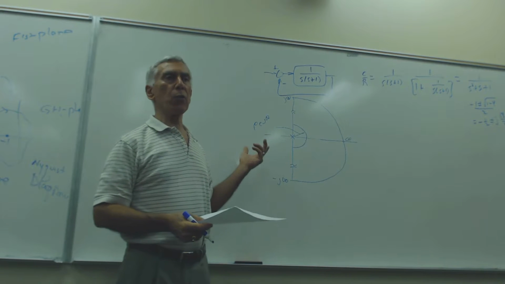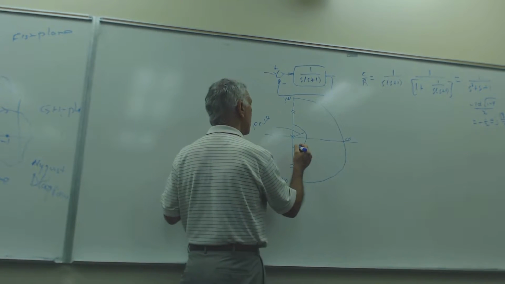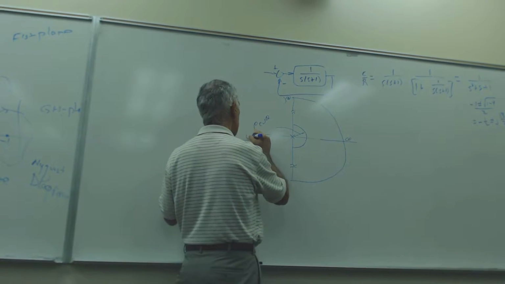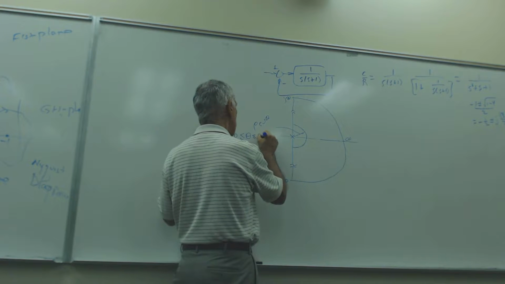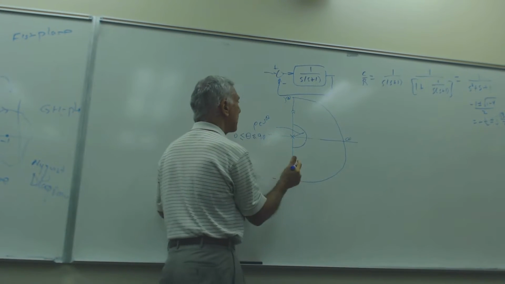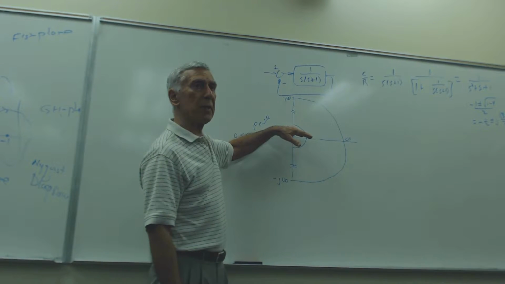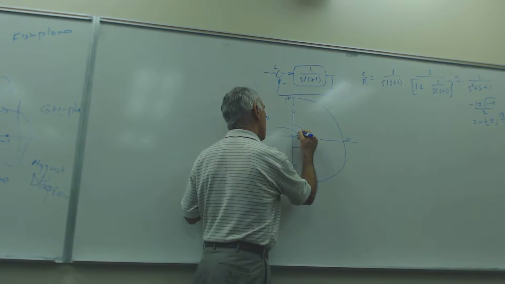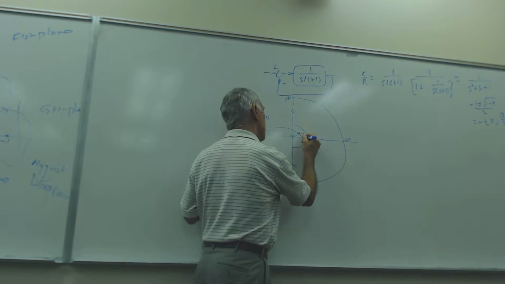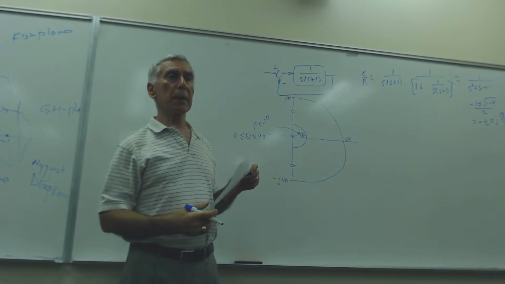It's rho angle theta, where we're going to let theta vary between 0 and 90 degrees. If this little vector is along the positive real axis, theta is equal to 0. This is theta in here, and the size is rho.